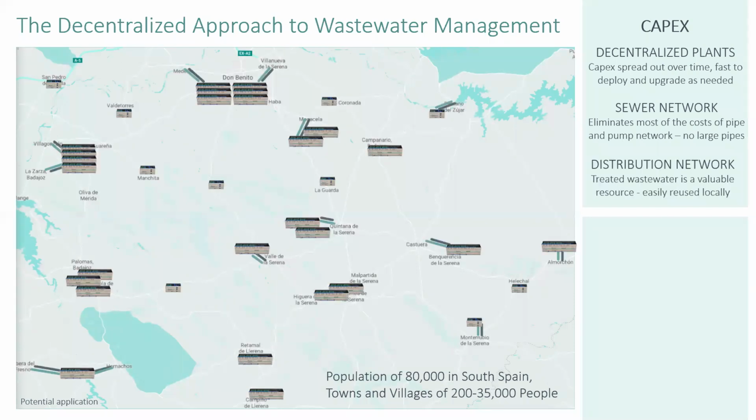And similarly, the reused water supply would also be shorter, and we'd have local treatment and reuse. So there might be an advantage here in cost to offset the investment in many small plants instead of one big plant.